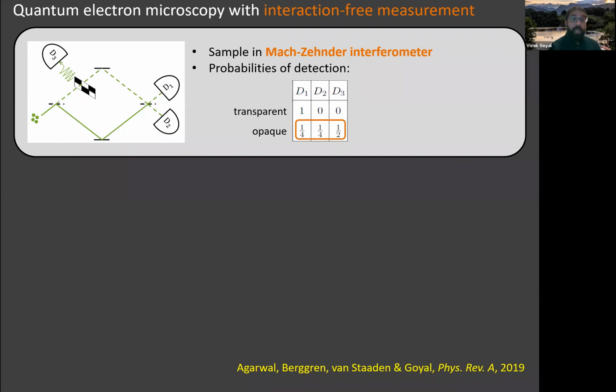When the sample is opaque, then there can be a detection in any of the detectors with these probabilities as shown. In particular, a detection at D2 is definitive information on the sample being opaque, even though the electron could not have struck the sample, since it would have then not made it to D2. That's a quantum spookiness.